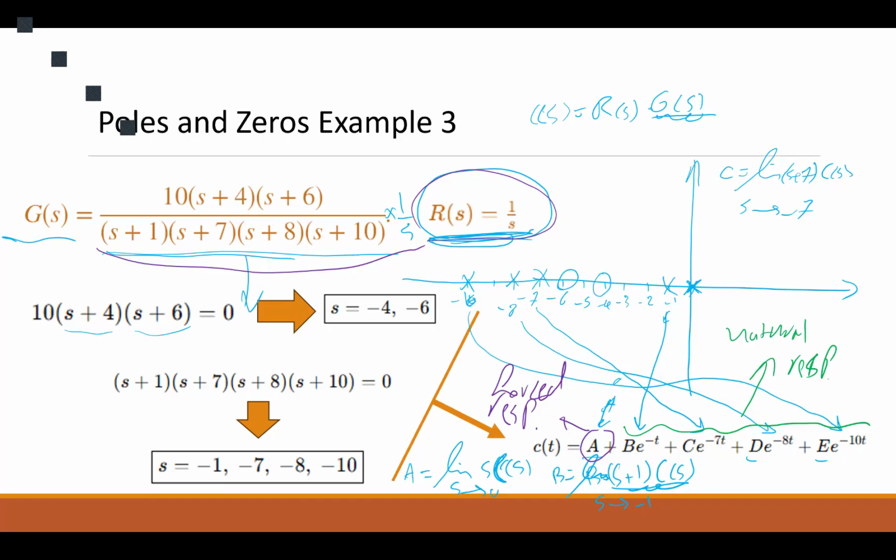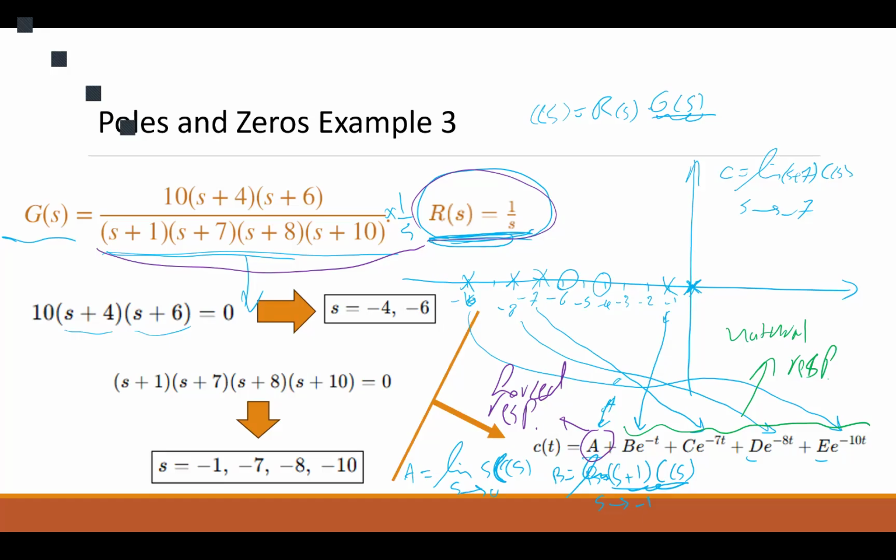And what is going to be the transient response? The A is the forced response. It's what's going to remain when t goes to infinity. The forced response comes from the input.